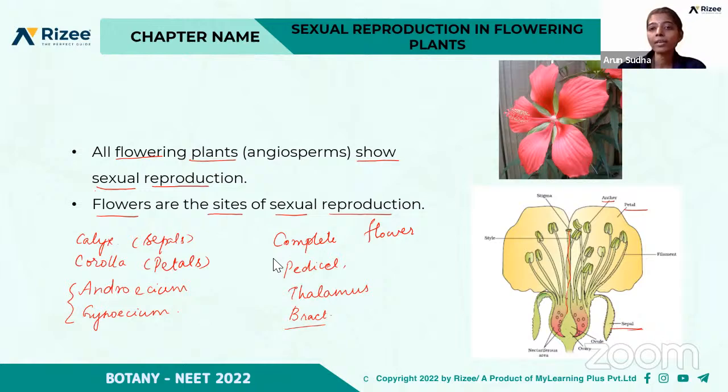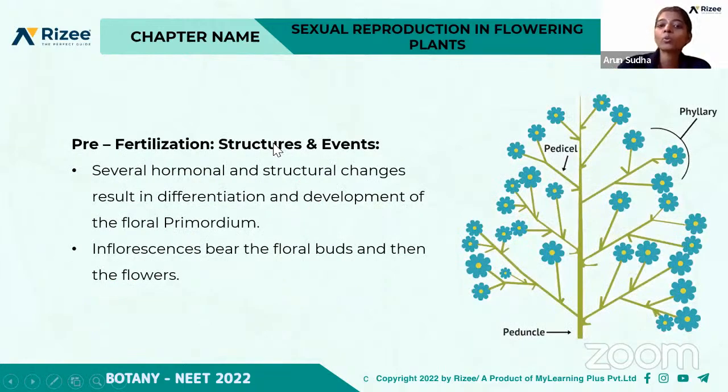So we already saw in angiosperms. So today we'll see about the pre-fertilization structure and events, and in detail about androecium. Okay. So several hormonal and structural changes result in the differentiation and development of floral primordium.